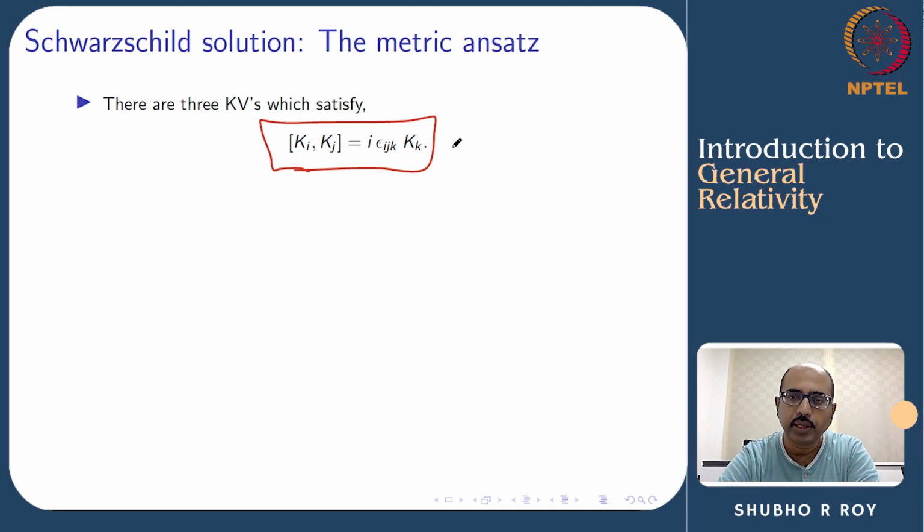So locally SO3 is the same as SU2, and most of you can remember this SU2 algebra from your classes in quantum mechanics or even classical mechanics. This is what I mean. I'm looking for a spacetime metric which has at least 3 Killing vectors which satisfy this SU2 algebra. Then I will declare that metric to be spherically symmetric. So this is a working definition of spherical symmetry in GR.